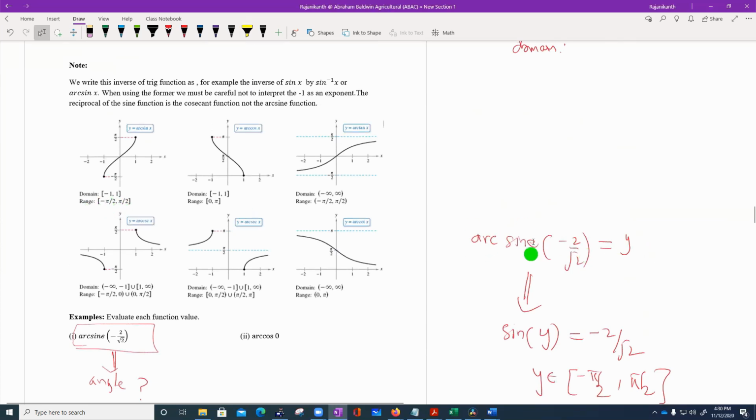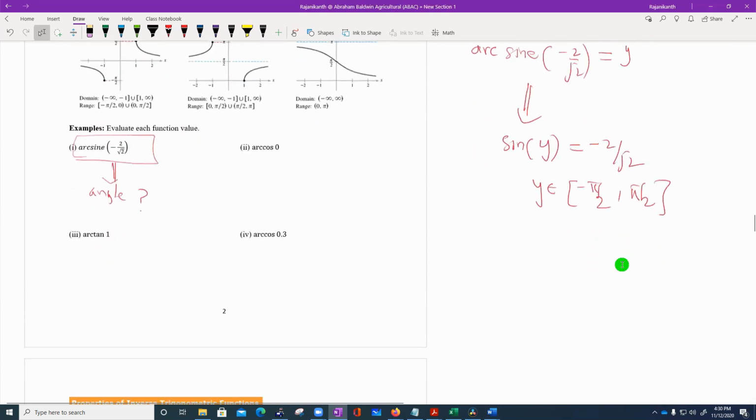So whenever you are asked to find the inverse function value, that is nothing but the function value. That function value is the range, so it should be negative pi over 2 to pi over 2. Now use the unit circle technique and tell me, for your y to be between negative pi over 2 and pi over 2, where is that? That should be either the first or fourth quadrant. I would say quadrant 4.